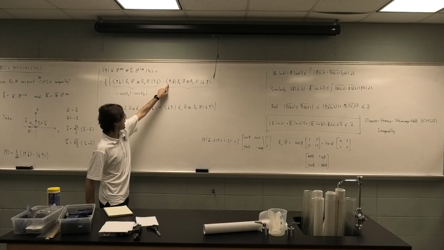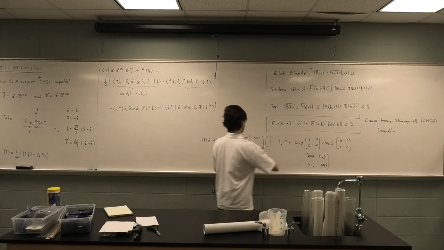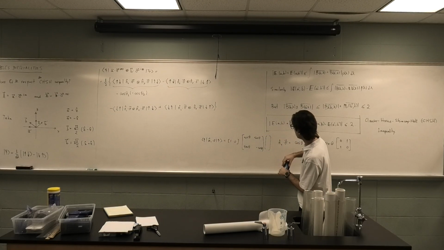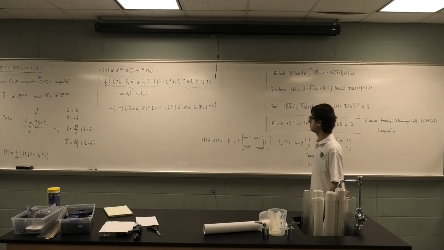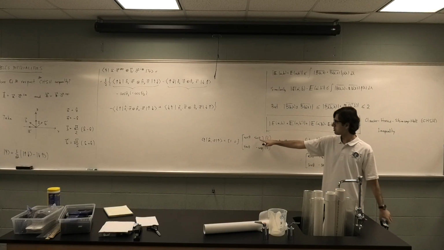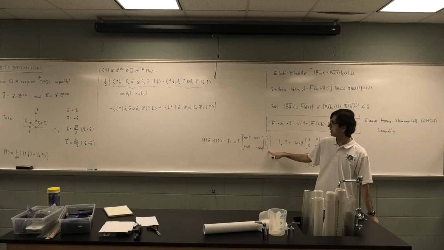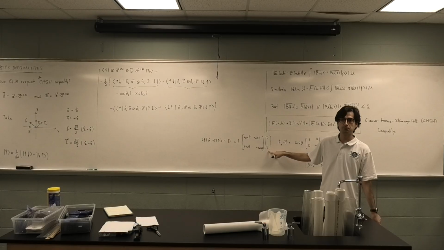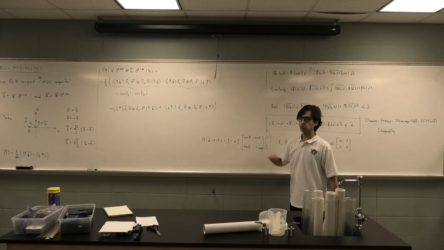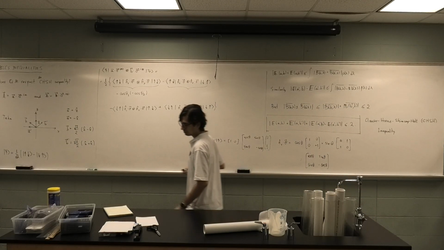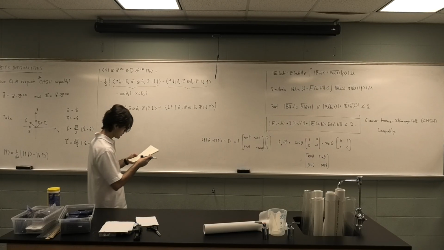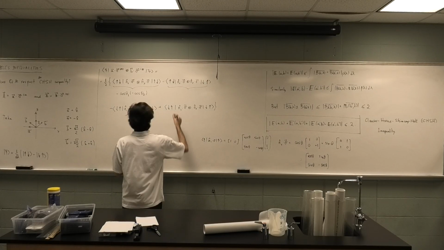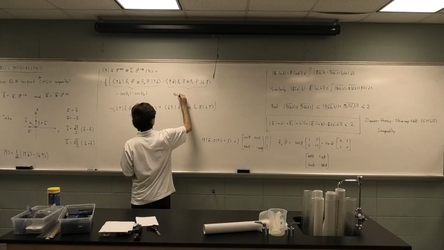Now this one is up with down. So this one has 0, 1 on top, and 0, 1 on the bottom. So this one is going to pick up sine of theta 1.